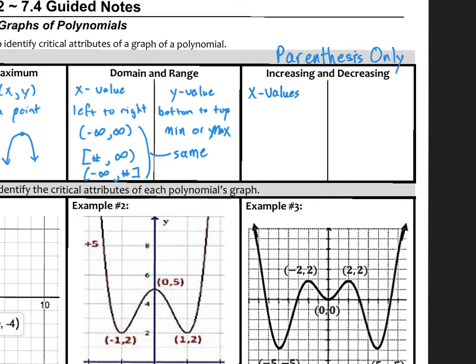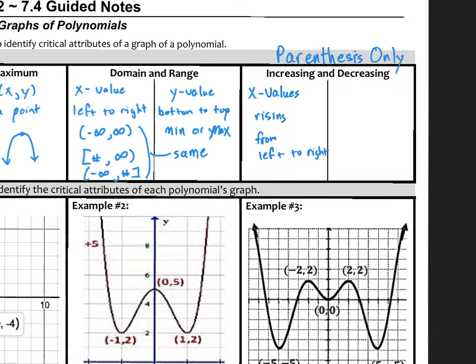Okay, so the increasing parts are where the graph is going up from left to right. Okay, where it's rising from left to right. Okay, so we're using those x values left to right.